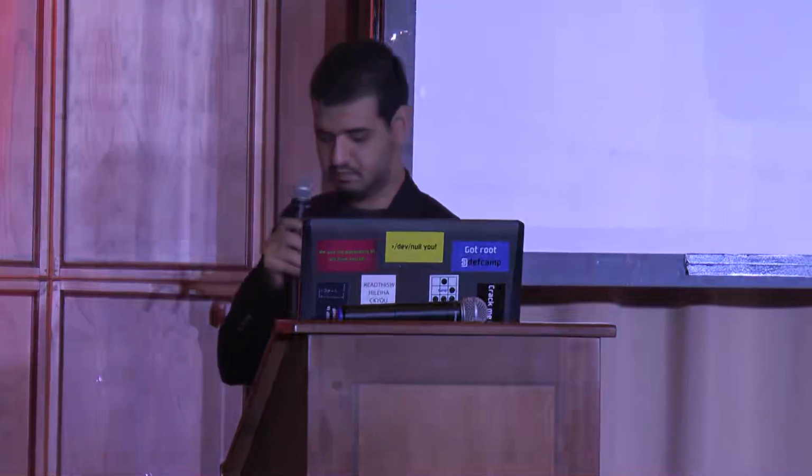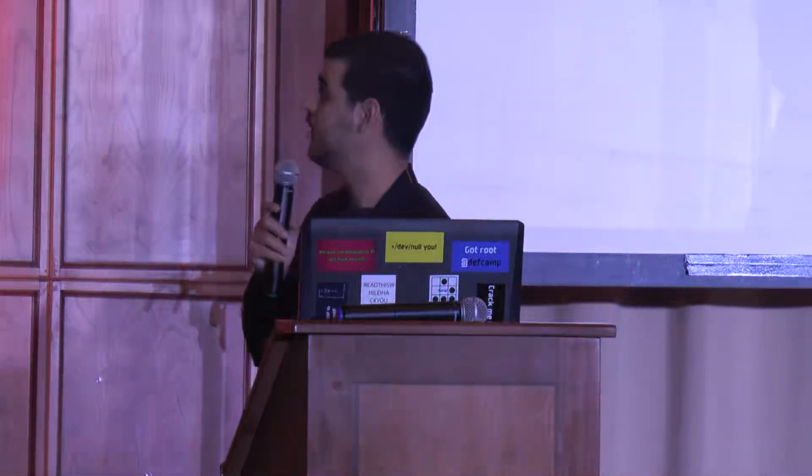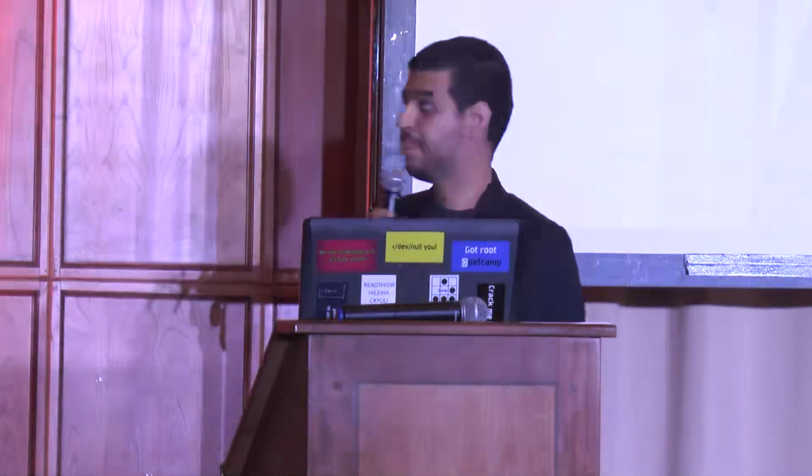So this is just a basic overview of a SCADA system. When I say control system vulnerabilities, I group them into two parts. We can say there are two main parts of a SCADA system. One of them is the HMI part, which is used by operators.